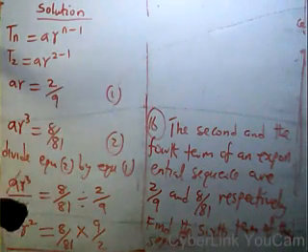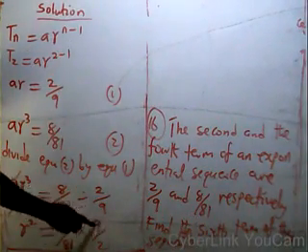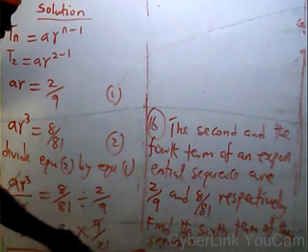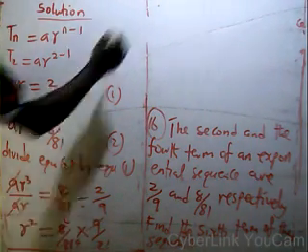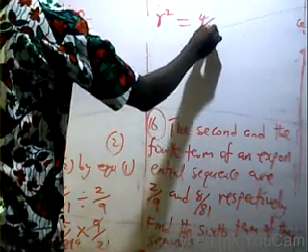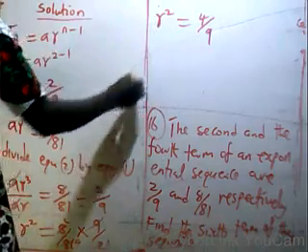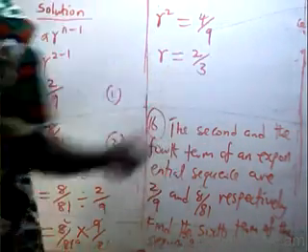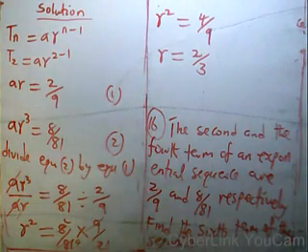So from this, 9 here 1, 9 here 9, 2 here 1, 2 here 4. That means my R squared is equal to 4 all over 9. If you take the square root of both sides, R will be equal to 2 all over 3. So our common ratio is 2 over 3. We can substitute for R in equation 1 to get the value of A, and this is the value of our first term.